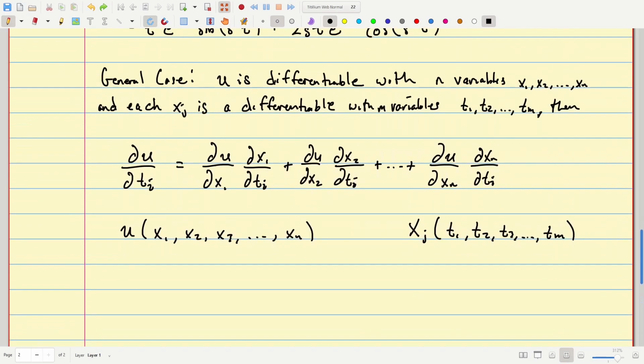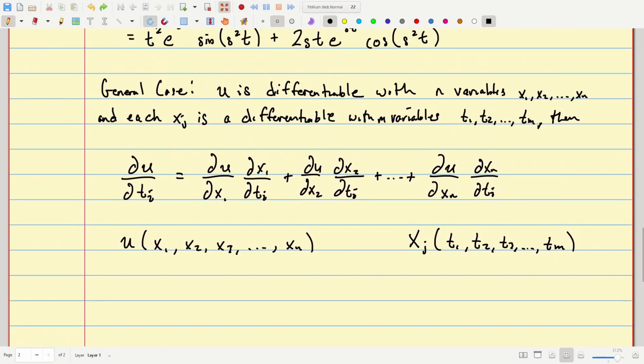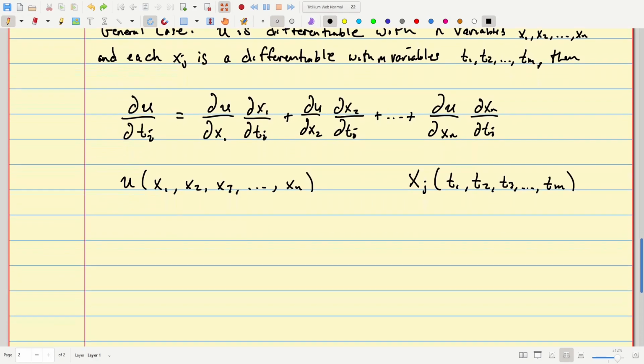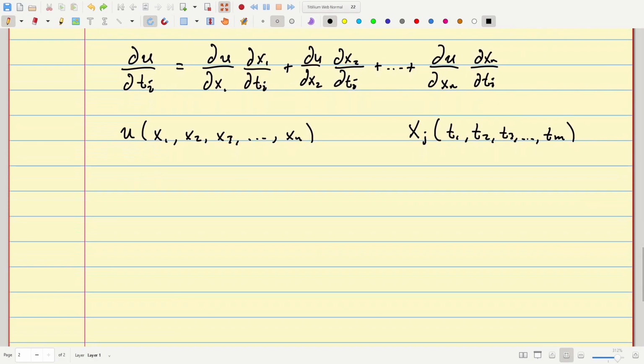Okay, so if we wanted to do an example of one like this, we could say something like w is equal to a function f.